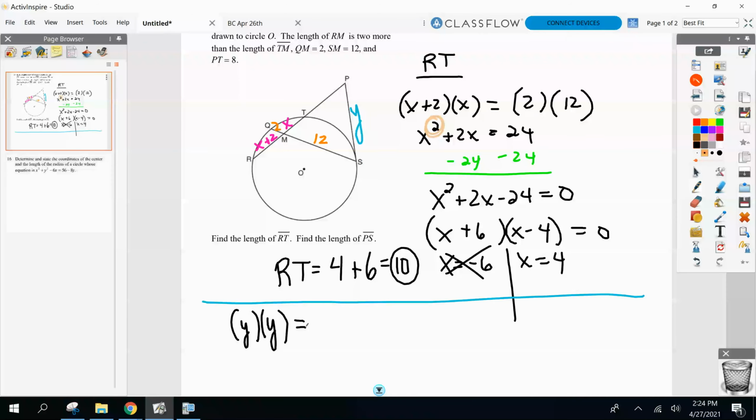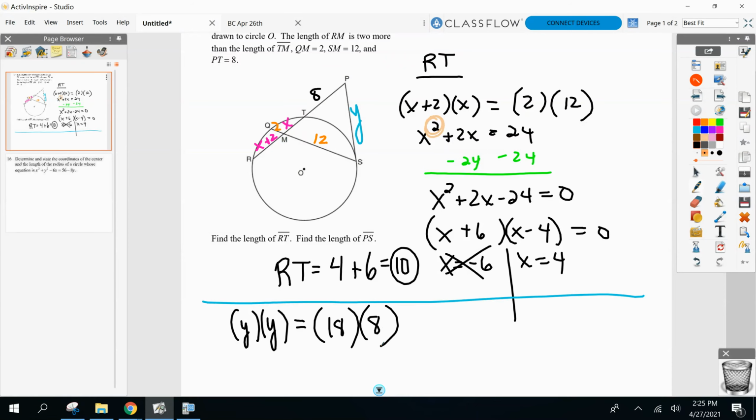Now look at the secant, PTMR. Whole secant length, they gave me PT was 8. Whole secant length, ready? 8 plus 4 plus 6. So that's going to be 18 for the whole secant length times its external part, 8.